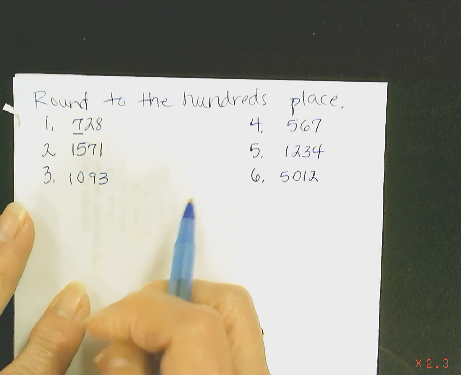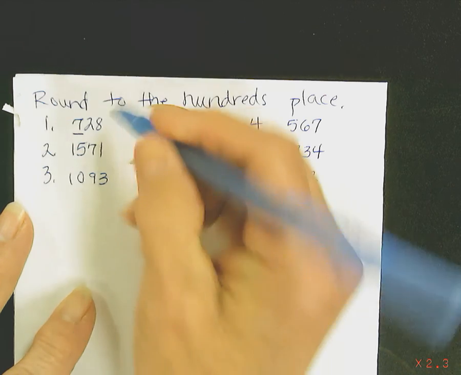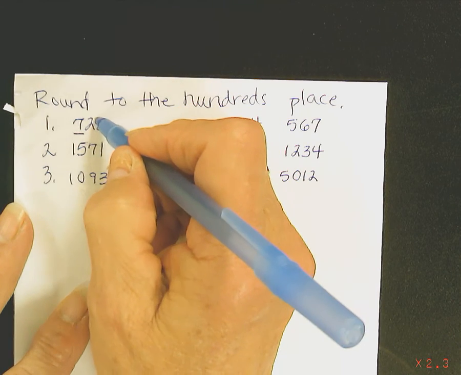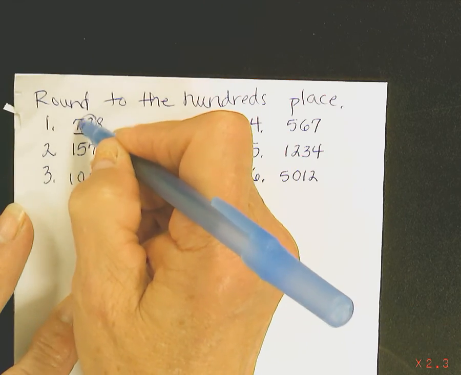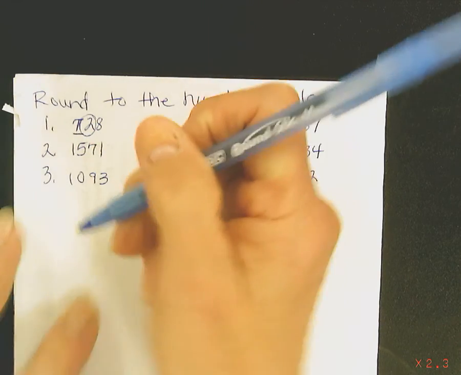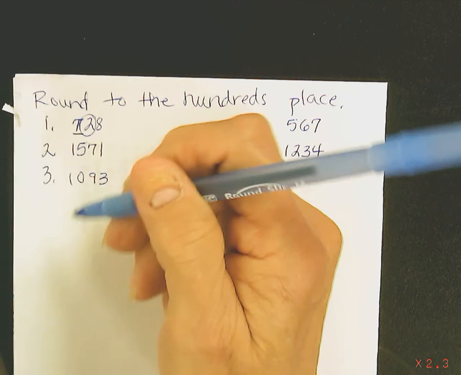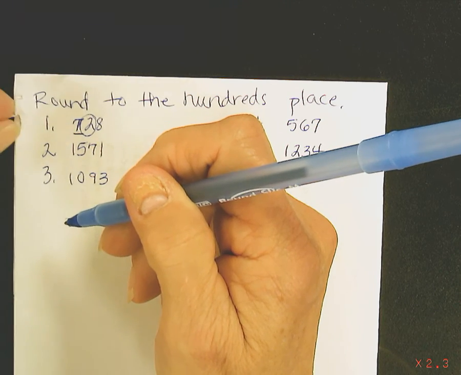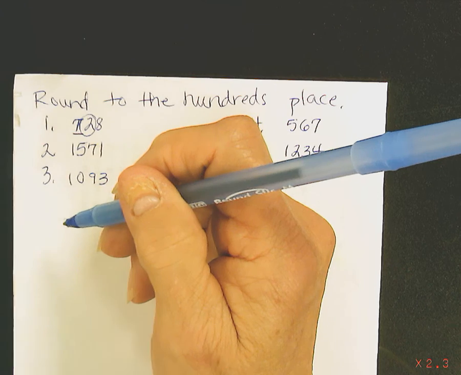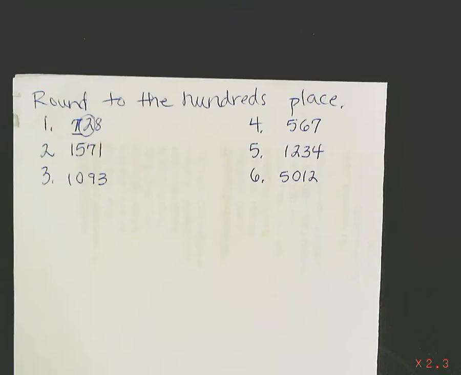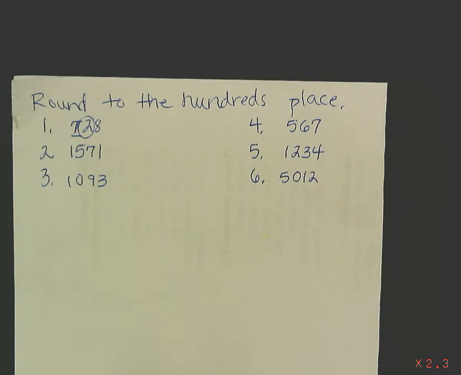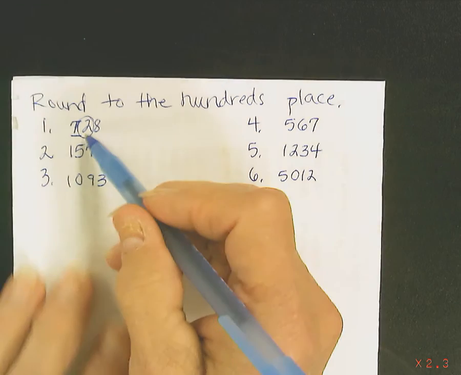Okay? 7 is the number in the hundreds place. But you always look behind it, at the number behind it, to get instructions about what to do with that 7. And you already wrote those rules down. If the number behind it is 5 or bigger, we round up. We bump up to the next biggest number. But if it's 4 or smaller, then we leave it alone.